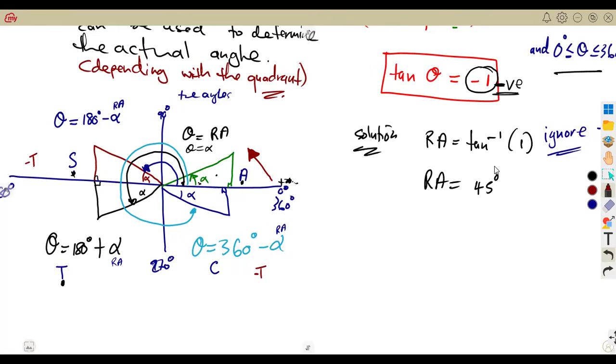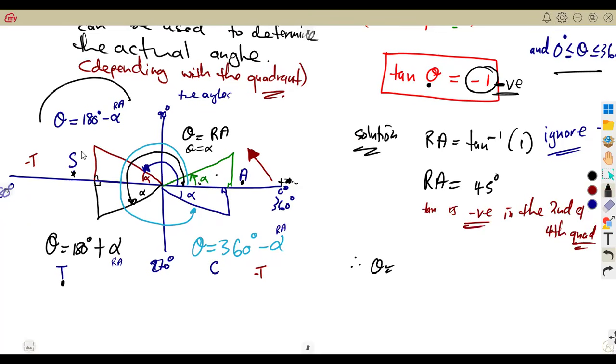So the quadrants now are the ones that will give us the solution, to say where tan is negative. Tan is negative in the second and fourth quadrants. That is where we take our solutions for theta, now the exact angle. So theta, the exact angle, is given as what? In the second quadrant, 180 minus the reference angle.